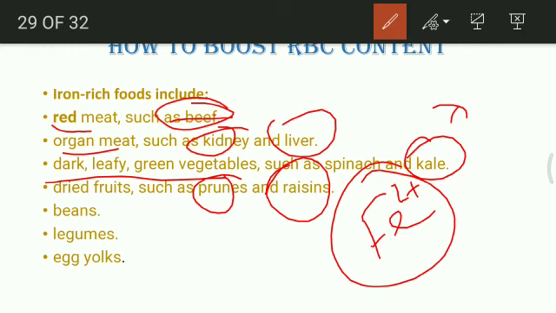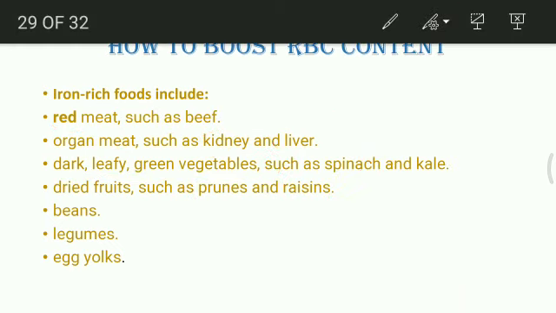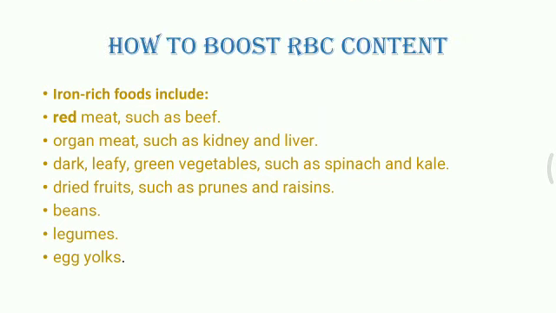Beans, legumes, egg yolks, these are all very high sources of iron. If you consume food which has a high amount of iron, those food substances will add to the iron in our body, and with increase in iron content, more RBCs can be formed, because the central metal ion of an RBC is iron. So that's why iron is very important for increasing the RBC content in our body.